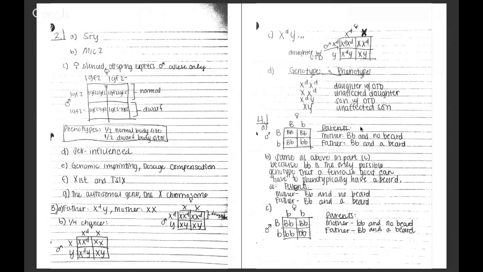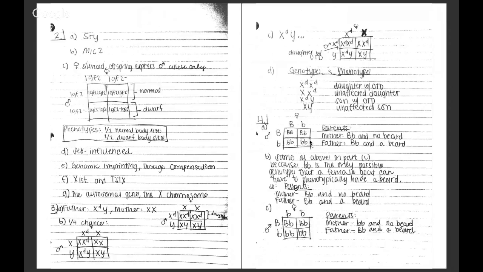Okay, on question 4, this is talking about the presence of a beard in some species of goats. It's determined by an autosomal gene that is dominant in males and recessive in females. So suppose a cross produces a 3-beard, 1 no-beard phenotype ratio among the male offspring. What are the genotypes and phenotypes of the parents?